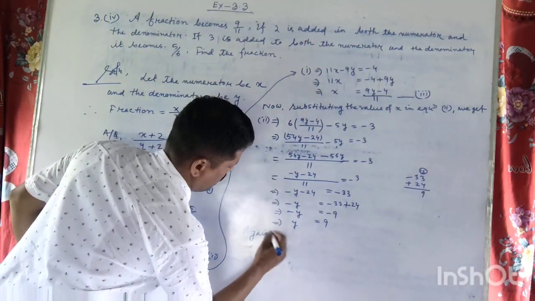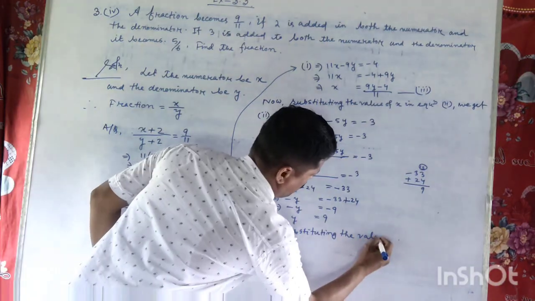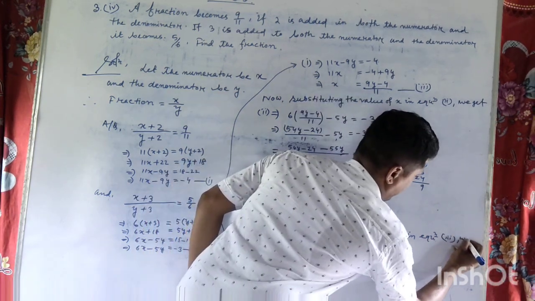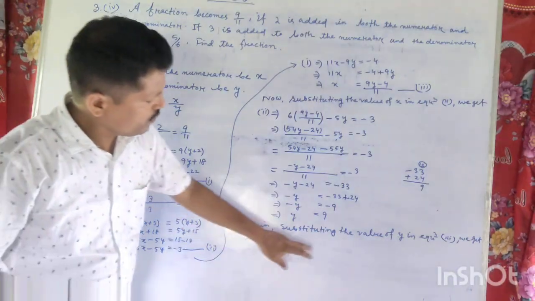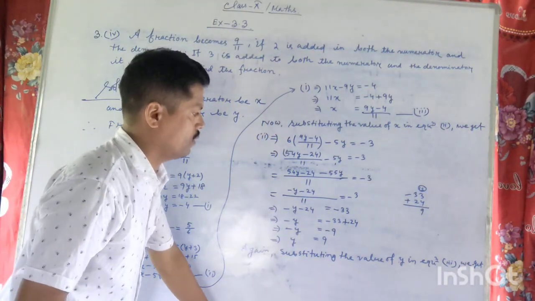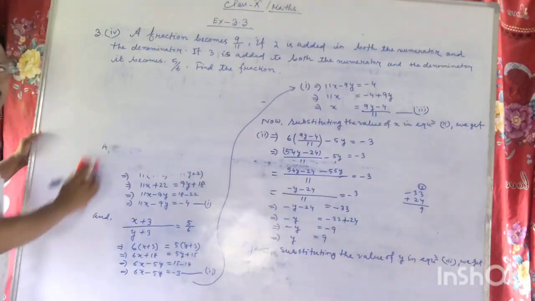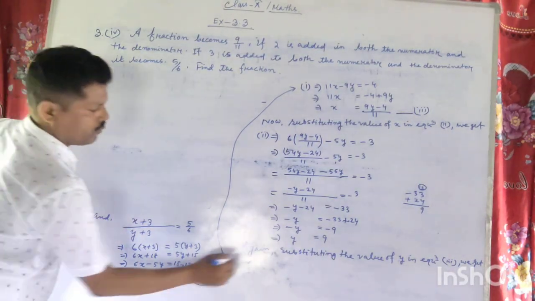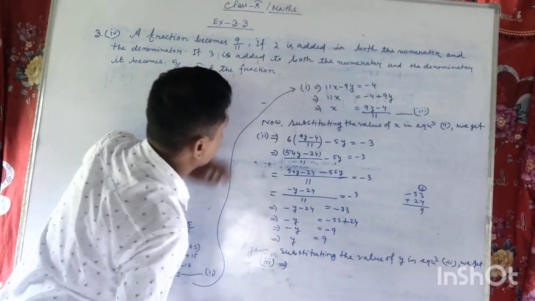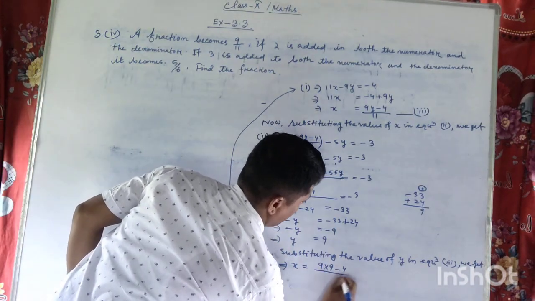Substituting the value of y in equation 3, x is equal to 9 into the y value 9, minus 4, divided by 11.